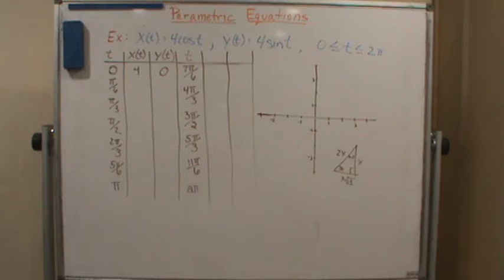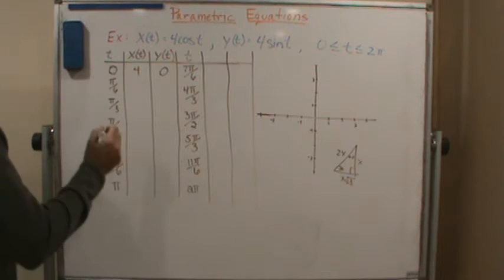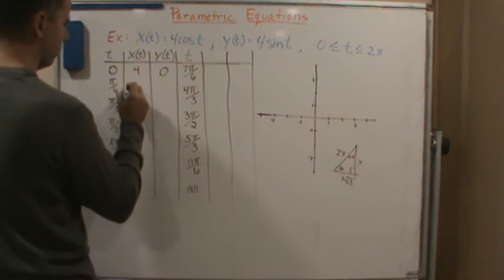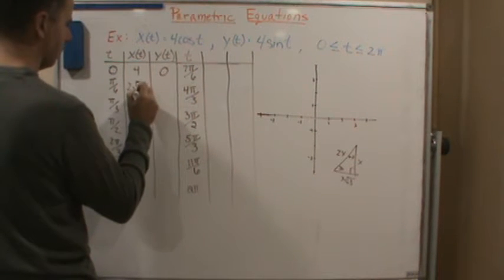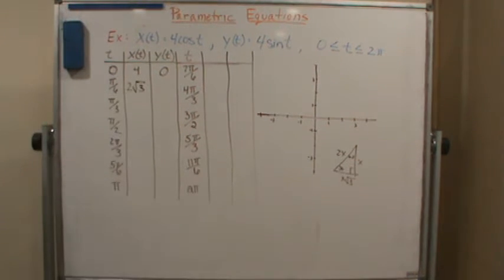So if it's a unit circle, then x is just going to be 1. And in this case, for pi over 6, we get 2 times the square root of 3, which is approximately 3.5.